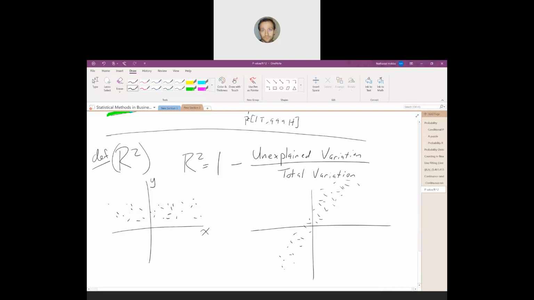Any value of x that you choose, I could get kind of any value of y. If I'm looking at this point of y, well, there's a point of x that has it, there's one, there's one, there's one. So y does not depend on x, where on the right it does. There's a relationship between the x and the y.